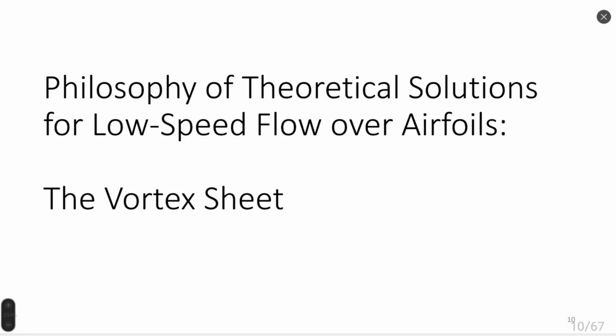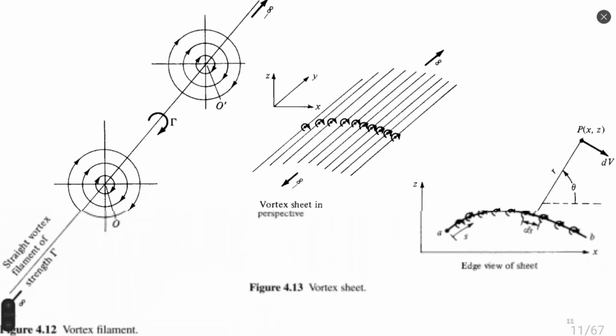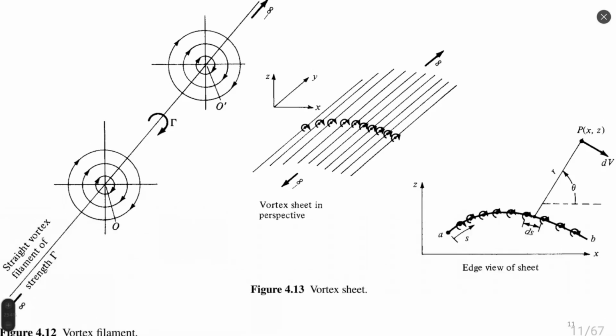First of all, to start talking about how to calculate lift around an arbitrary airfoil, we need to present a new concept called the vortex sheet. This vortex sheet is a vortex distributed along a line.